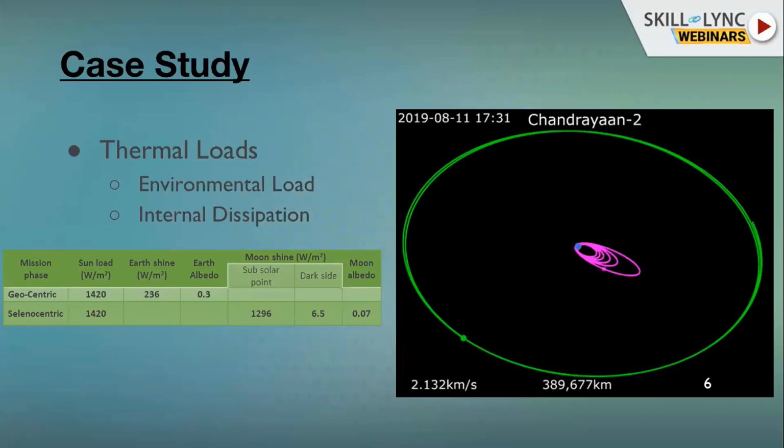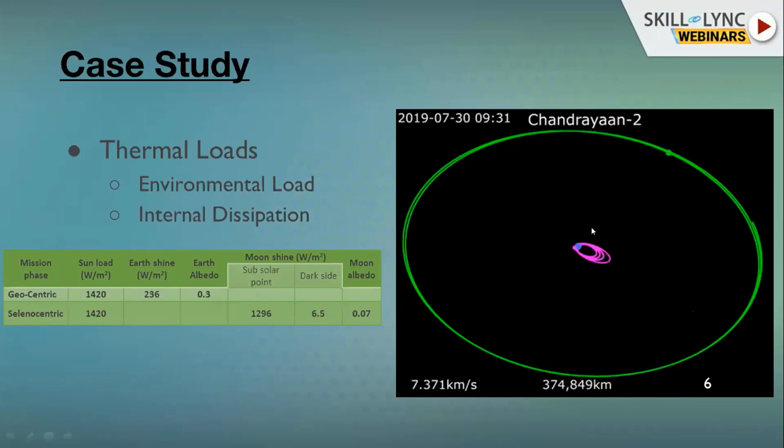So you use all these conditions and put them in your software, and you come to the temperatures, and with the thermal design philosophy, you'll be able to optimize your thermal design, such as what the radiator size will be, and what surface finishes you will be using for different components. You'll be able to get the results for different phases of the mission.